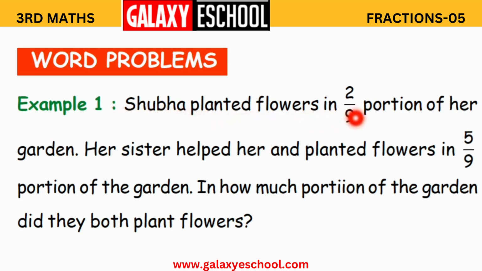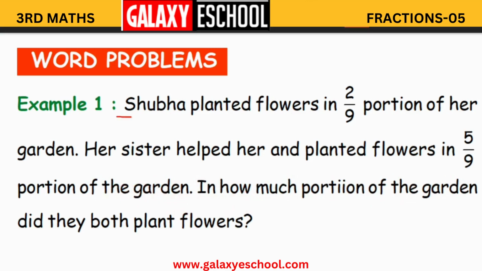Shubha planted flowers in 2 by 9 portion of her garden. Her sister helped her and planted flowers in 5 by 9 portion of the garden. In how much portion of the garden did they both plant flowers? Now what is the question given here? We have Shubha who planted flowers in 2 by 9 portion of her garden, children.